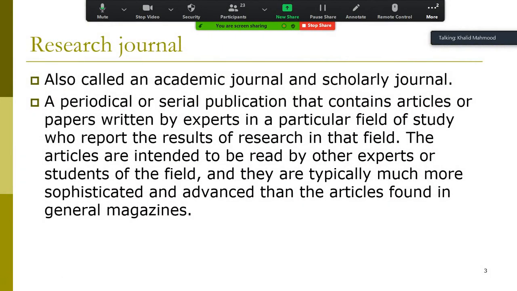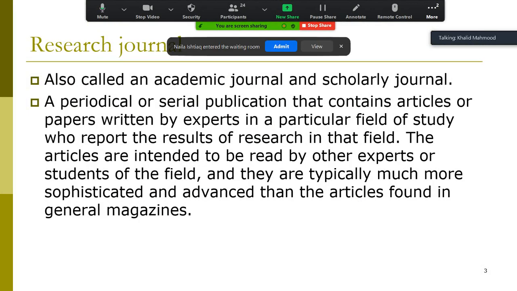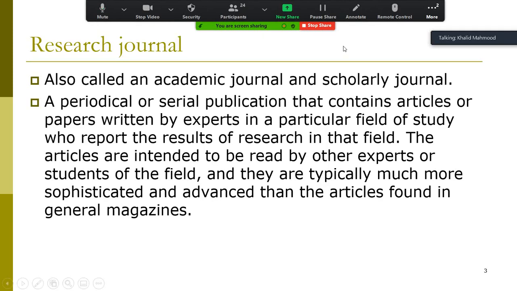So, what is a research journal? First of all, we want to define it. A research journal is also called an academic journal and a scholarly journal. A journal is a periodical or serial publication that contains articles, or sometimes we call them papers, written by experts in a particular field of study who report the results of research in that field.